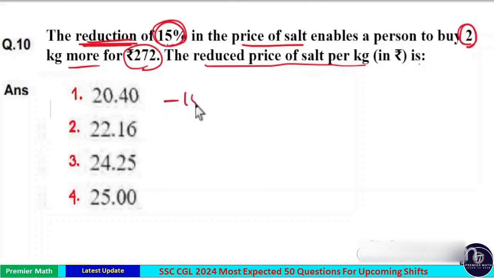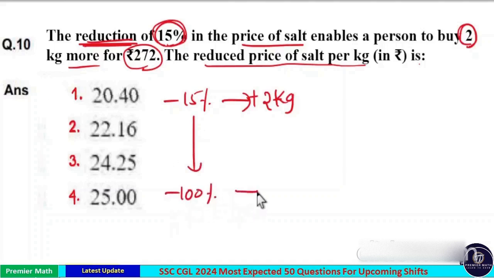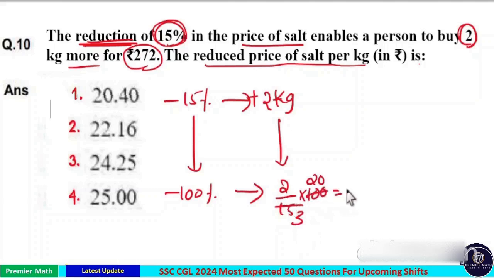Now, if I scale it to 100%, the 100% reduction leads to 2 by 15 into 100 quantity. 5 goes 3 times in 15, 5 goes 20 times in 100. So 40 by 3 kilogram. That is, this 100% reduction means 40 by 3 kilogram.